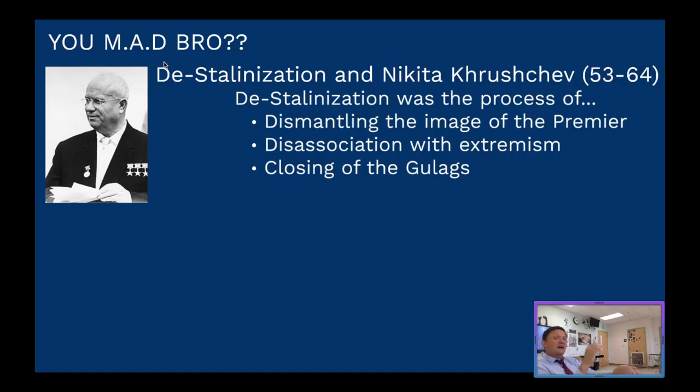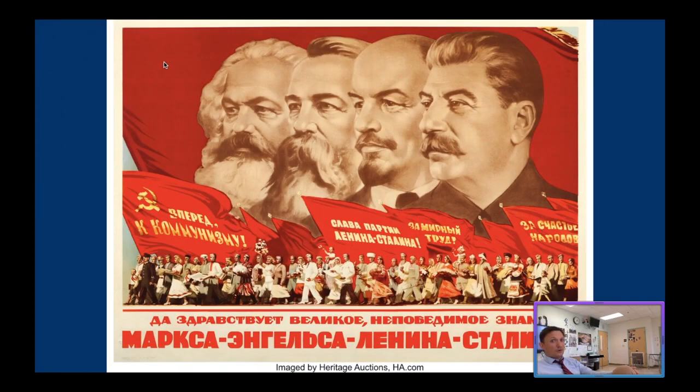He wants to de-Stalinize, much like the Allies denazified Germany. He wants to create a new USSR. First and foremost, he wants to dismantle the image of the premier, and by the premier I mean the leader of the Soviet Union. Here is Vladimir Lenin. He was the premier. Here is Joseph Stalin. He is the premier.